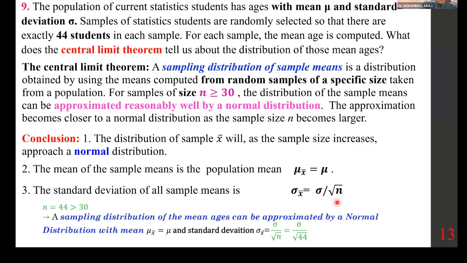Therefore, for this question, n was 44, which is larger than 30. A sampling distribution of the mean ages can be approximated by a normal distribution with mean mu of x bar equals mu and standard deviation sigma of x bar equals sigma over square root of n. We replace the n with 44, therefore sigma divided by square root of 44. That is the synopsis of the CLT, central limit theorem.